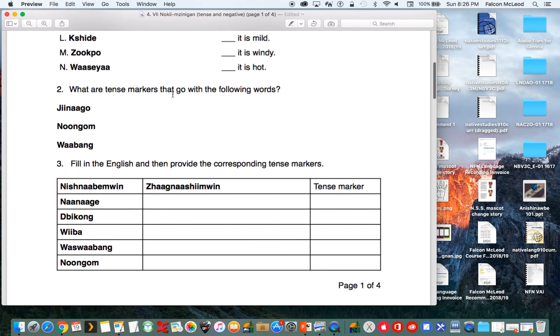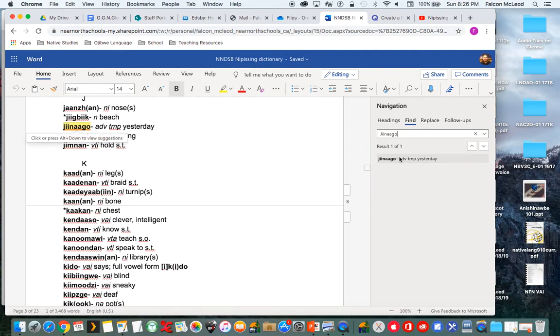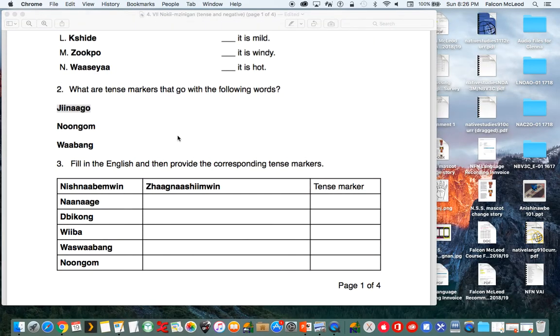So what are tense markers that go with the following words? So we have the word jinanga. So if you don't know what that means, we can always look that up in the dictionary. Command copy. Command paste. Jinanga means yesterday. So did yesterday take place in the past, present, or future?